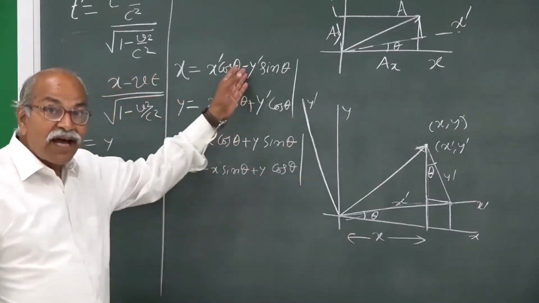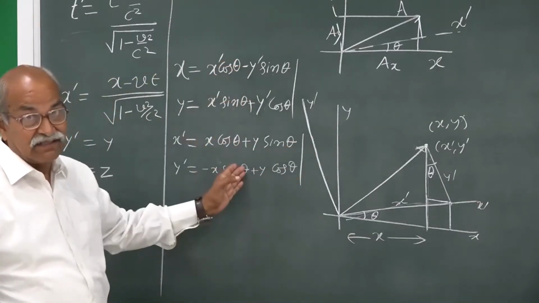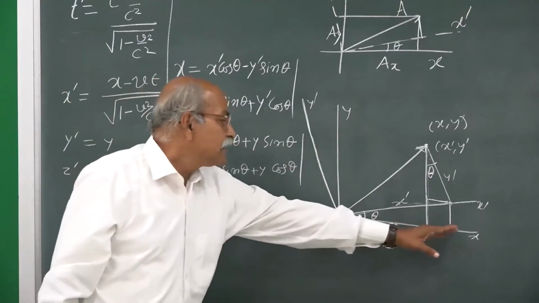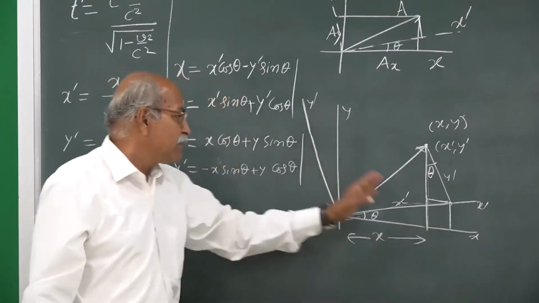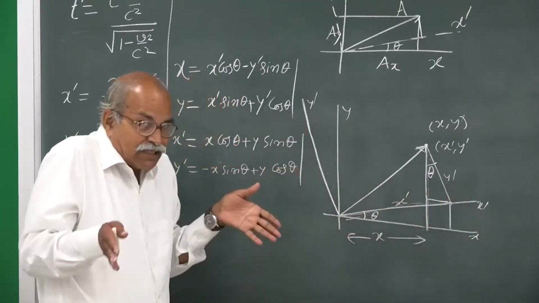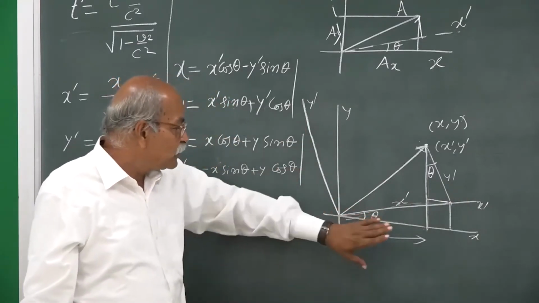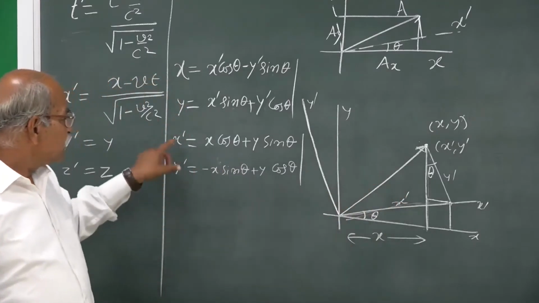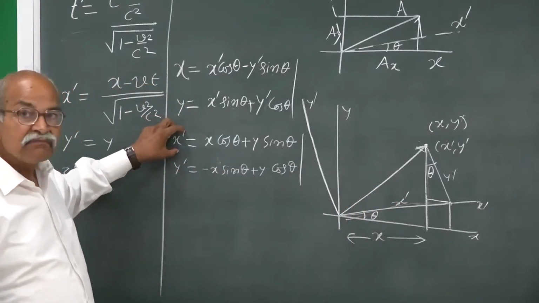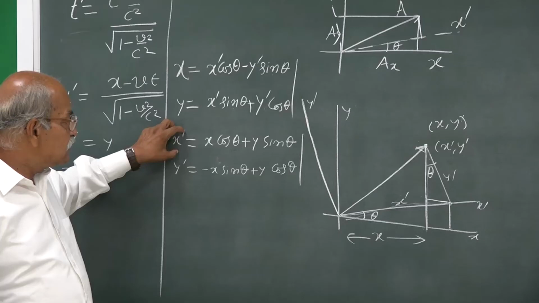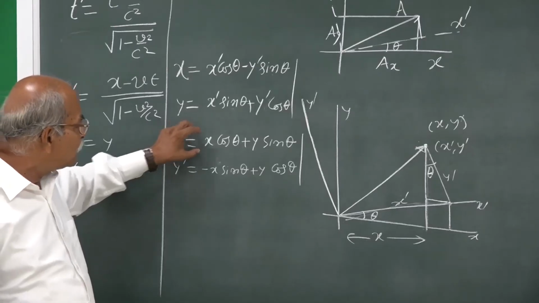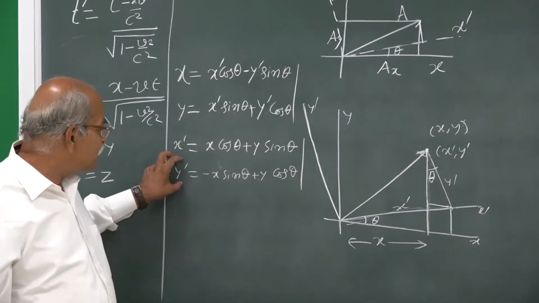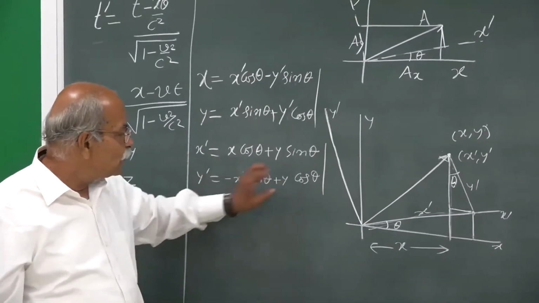So, these are the transformation equations, and you see that when you change the frame from this, let us call it S frame, and let us call it S prime frame just for this lecture. So, when you are going from S frame to S prime frame, what do you see? You see that the new x prime is a mixture of old x and old y, and similarly new y prime is a mixture of old x and old y.